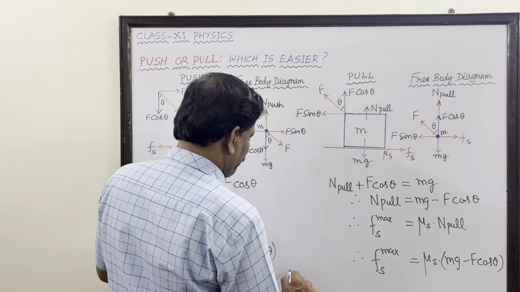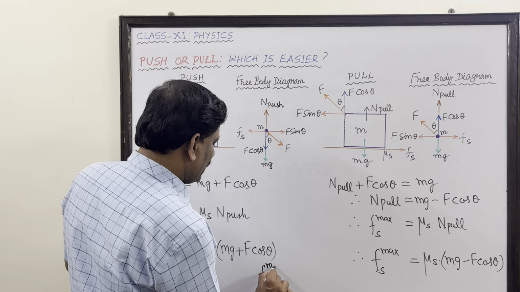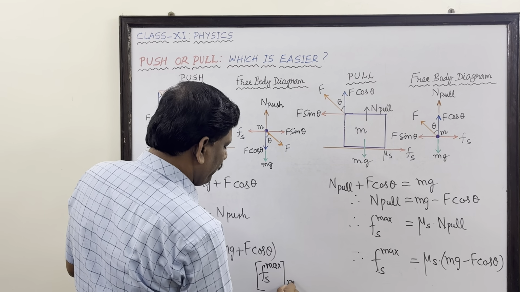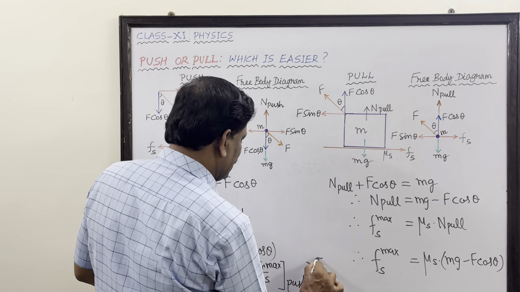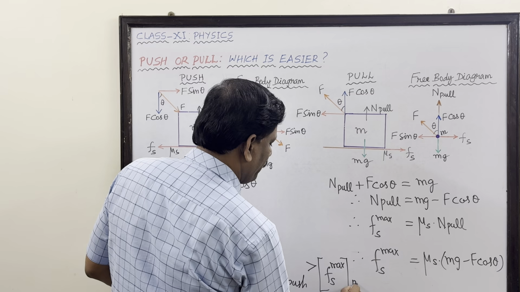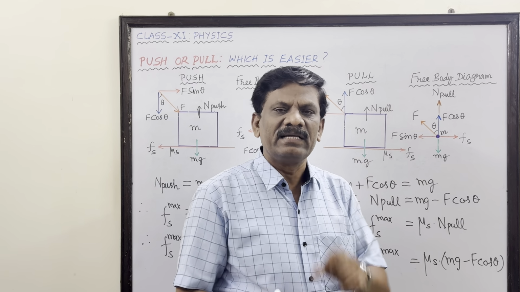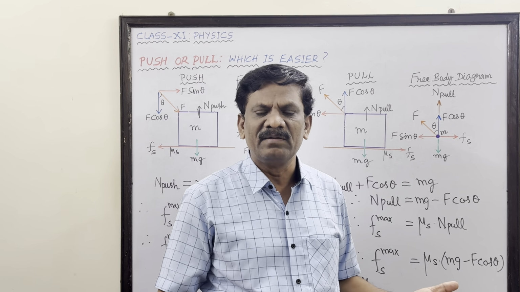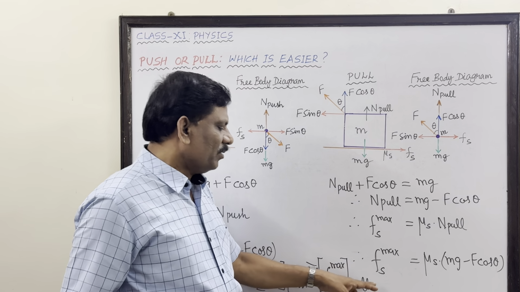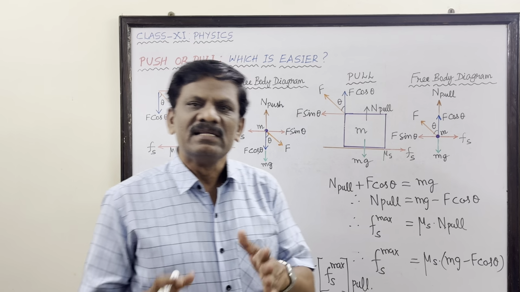So Fs maximum in the case of pushing is greater than Fs maximum in the case of pulling. In the case where friction is lesser, movement will take place in a much smoother way. Comparing these two cases, pulling a body is always easier than pushing the body with the same force.